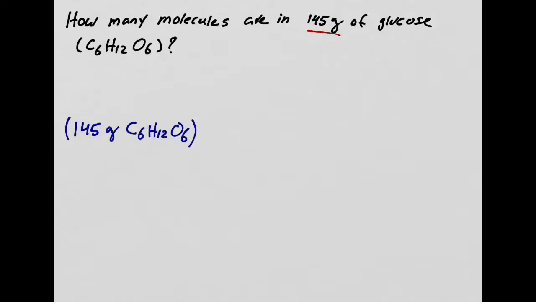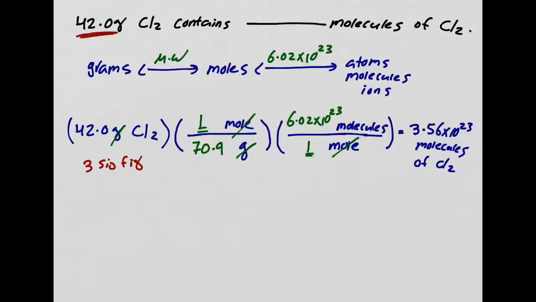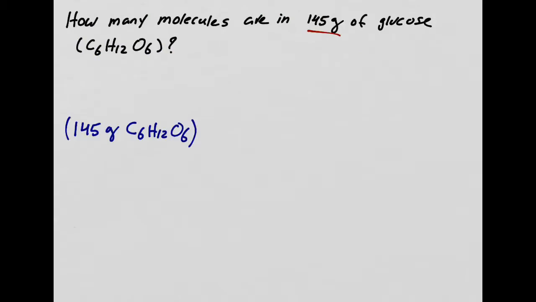Now, I want molecules and I have grams. We know how to do that. Can I jump? I cannot jump. I have to go grams to moles and then moles to molecules. Beautiful. You know how to do that.